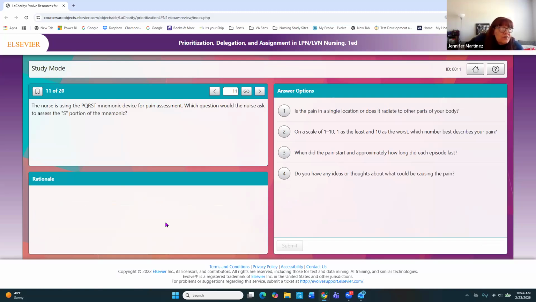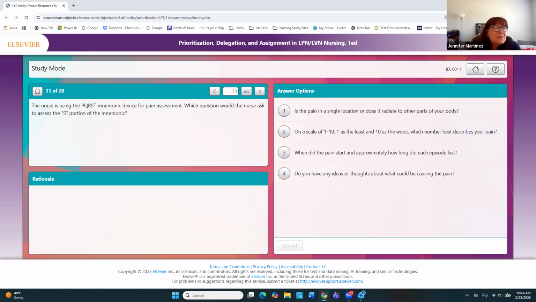All right. The nurse is using the PQRST mnemonic device for pain assessment. Which question would the nurse ask to assess the S portion of the mnemonic? Sorry, I didn't finish reading.